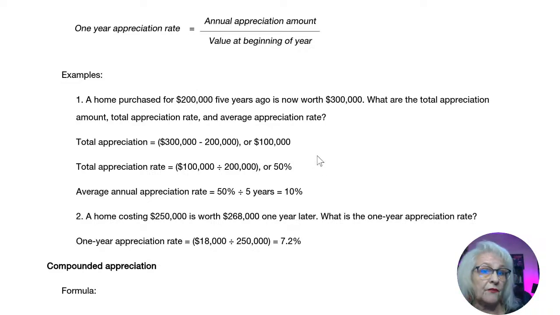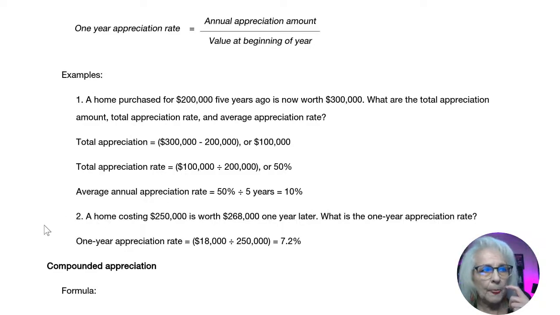It's increased 50%, right? The average appreciation rate per year is 50% divided by 5 years, because we're talking about 5 years. So that equals 10%. Each year it's been appreciating 10%.